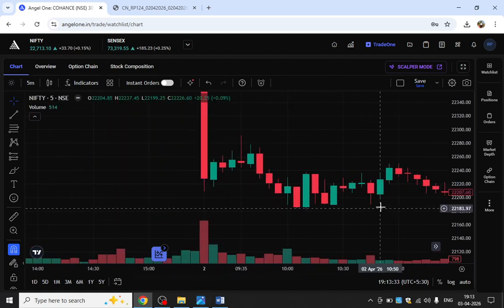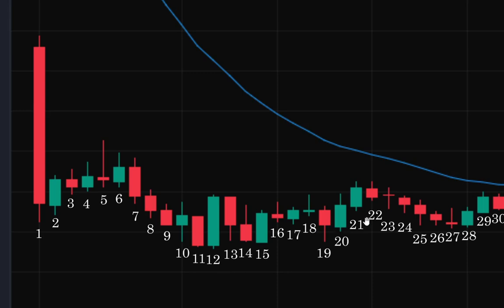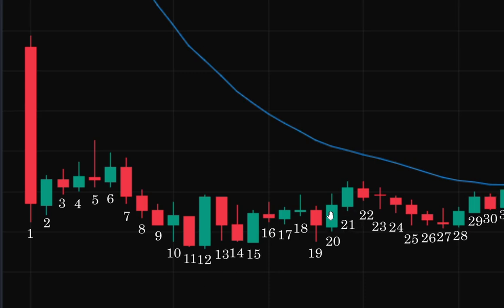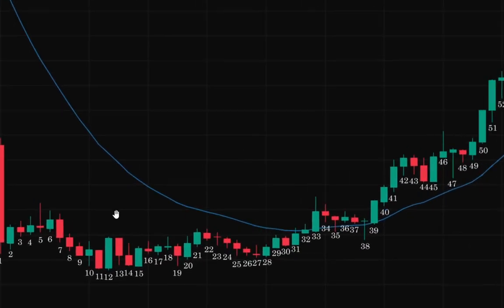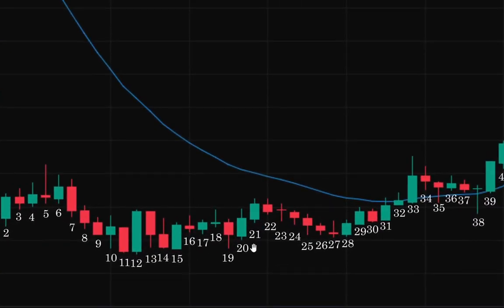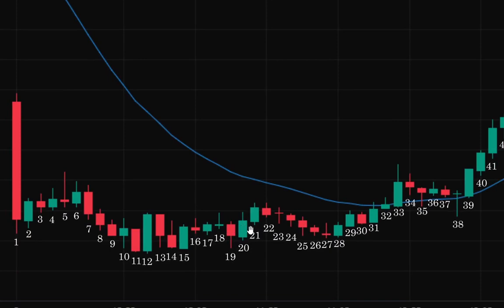I think so. This is bar 20. So my purpose was that after I have taken the trade, I let the price move, but it didn't go down as I was expecting. So I took the trade and I got out of the trade.